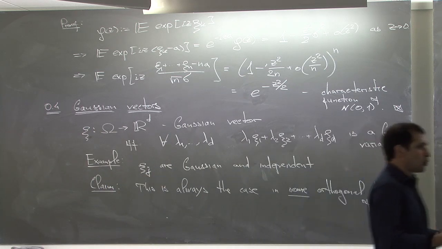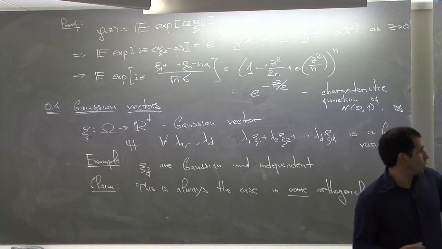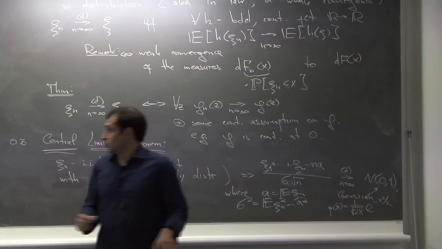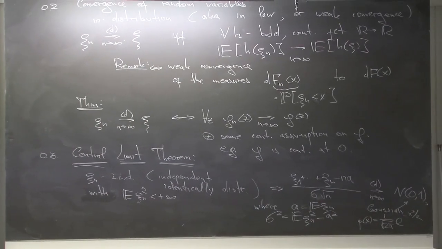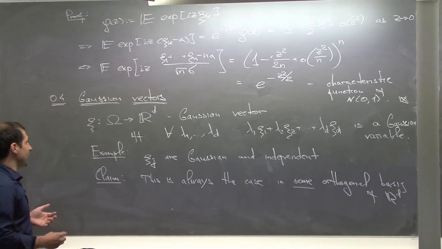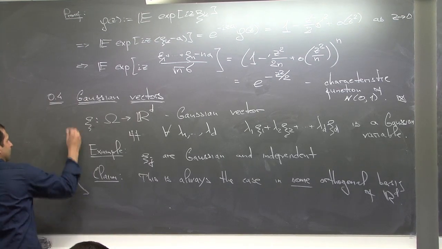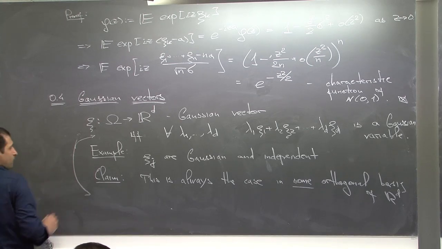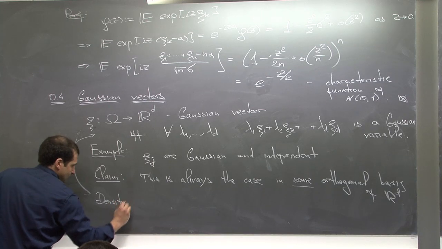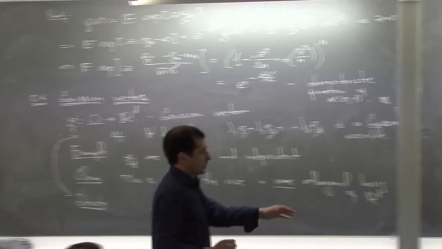So the other way to see this story is to start with densities, like here. An alternative way to say what a Gaussian vector is, is to say that there is a density which is now characterized.